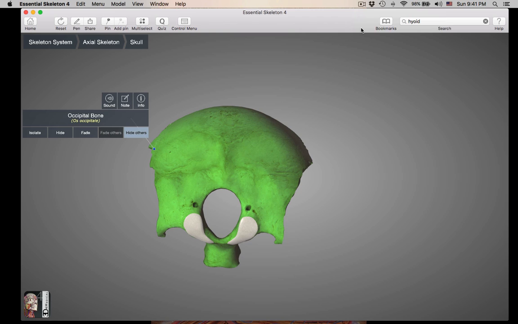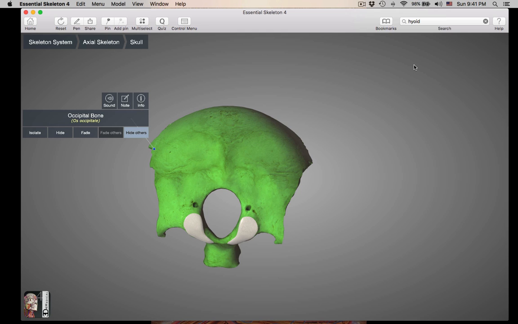And then our last landmark is the occipital condyles. When you hear the term condyle, that is a smooth, rounded, articular process. Remember, a process is anything that tends to stick out of a bone, but this is an articular process. Remember, articulations are joints where two bones come together.